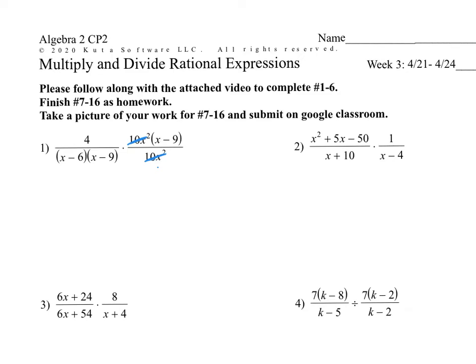I also see an x minus 9 binomial and an x minus 9 binomial diagonal from each other, so those can get canceled as well. The only thing left in my numerator is a 4, and the only thing left in my denominator is an x minus 6.